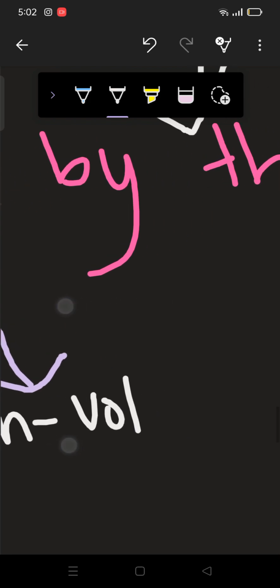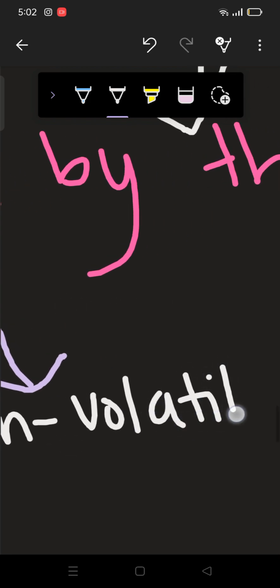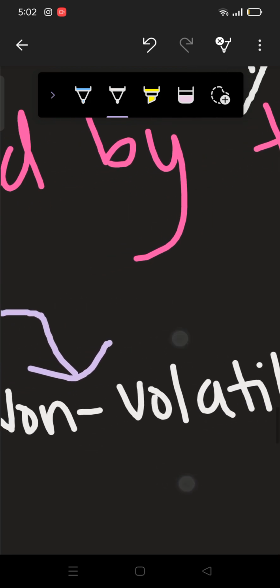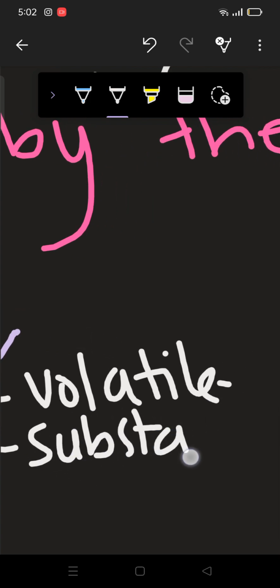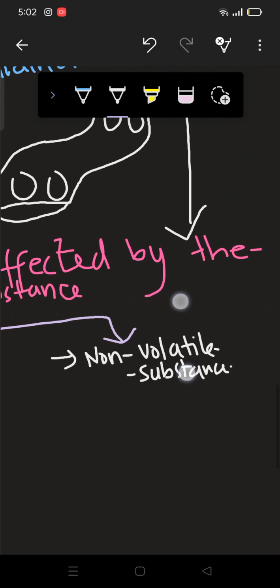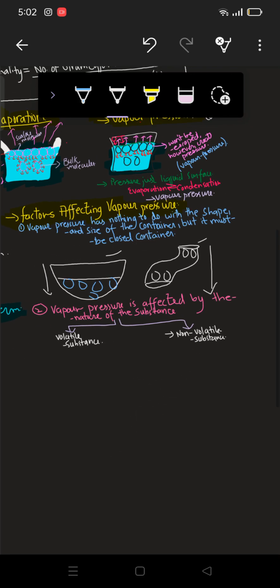Now I'll tell you what volatile is, what non volatile is, each and everything, right? But vapor pressure depends upon the nature of the liquid. It has nothing to do with the size and shape of the container. However, it depends on the nature of the liquid or the nature of the substance present in it, right? So we have two natures.